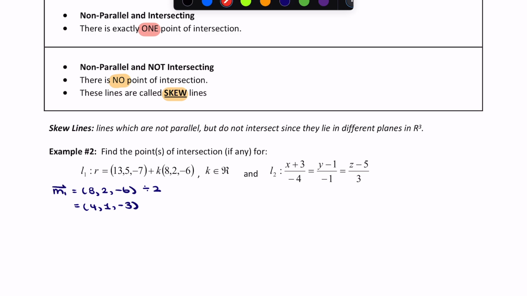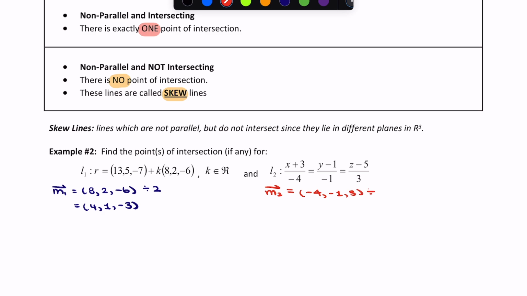And here, if we rewrite our value in line 2, we get m2 is equal to negative 4, negative 1, and 3.